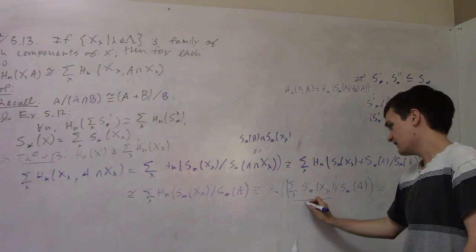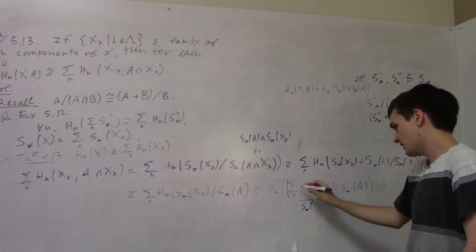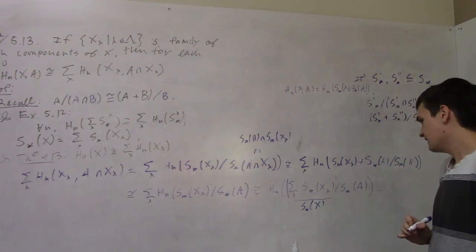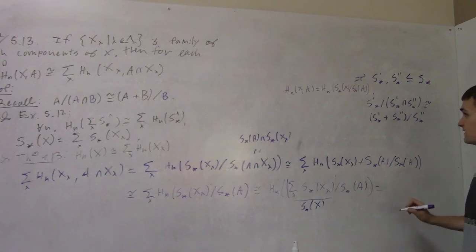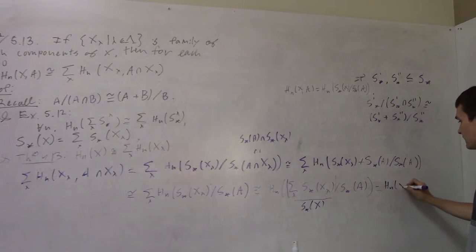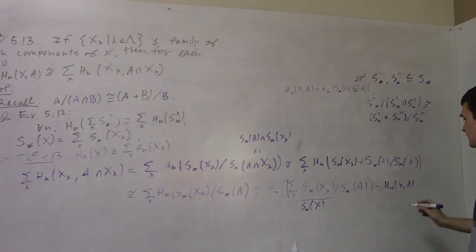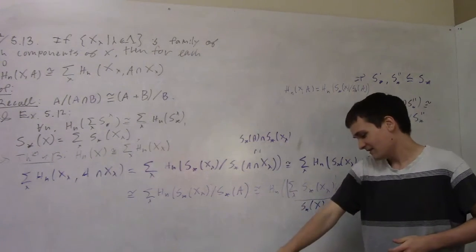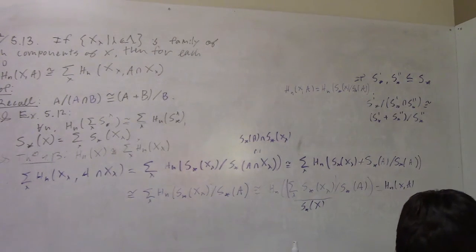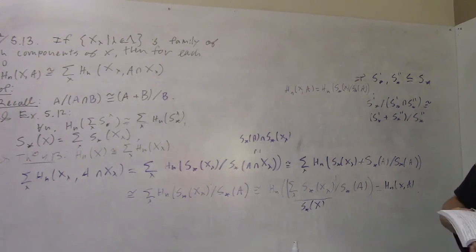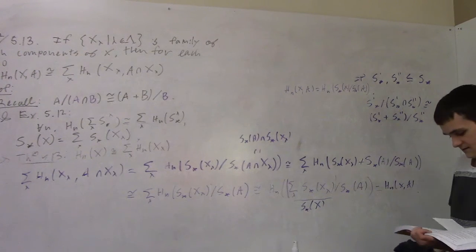This is just, you're right, S star of x, S star of the sum, which is x. And that's what we want. That's equal to Hn of x. Alright. So it took a while, but we got it. Take your time.